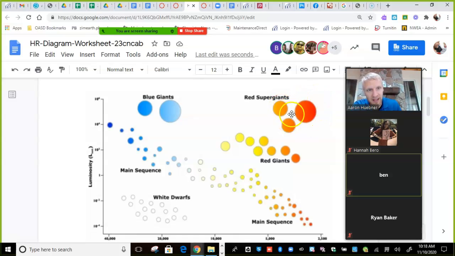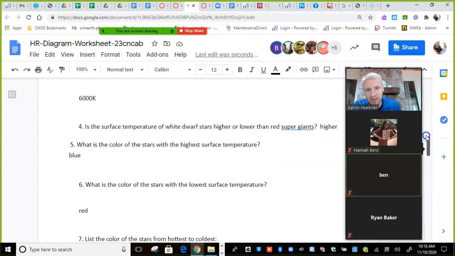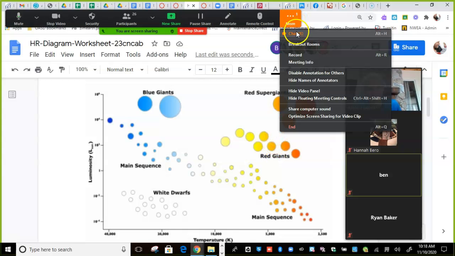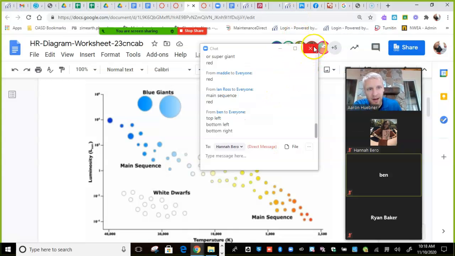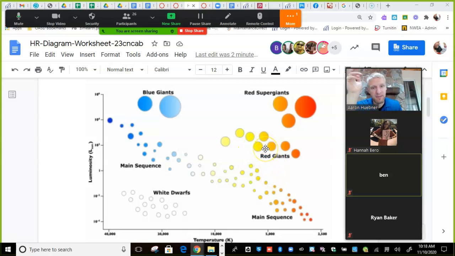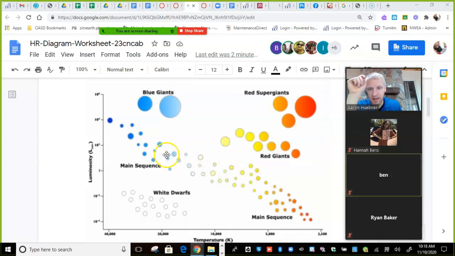Top right, red supergiant. And the last one, 4,000 Kelvin, 10 to the 2nd. Bottom right is, well, kind of bottom, yeah, middle right. Main sequence.